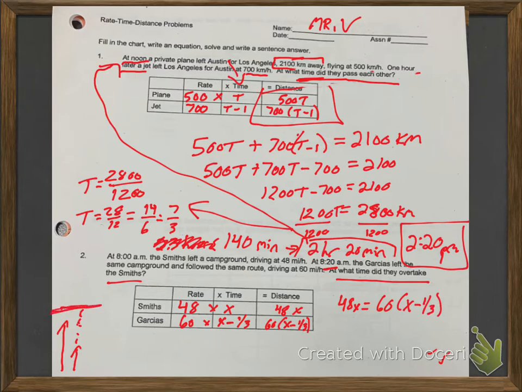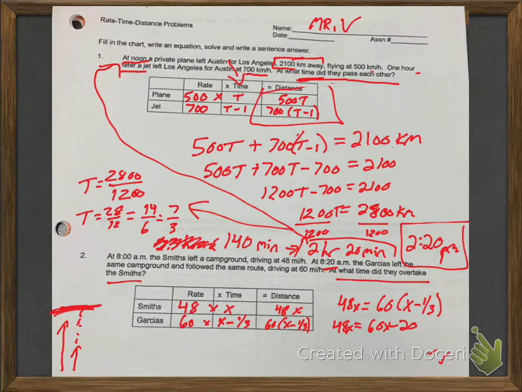Eventually, they're going to be equal to one another, and then the Garcias, since they're going faster, they're going to overtake them. So I would just do 60X, and then 60 times 1/3, like we said before, is 20. Forgot the X there, and this is an X here, and then I would subtract the 60X on each side.